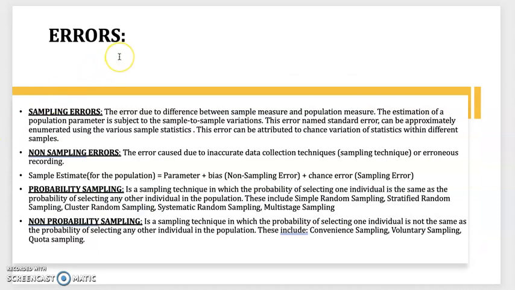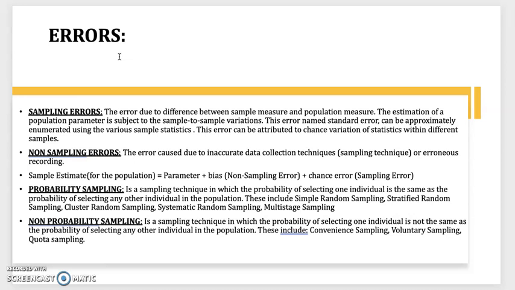Here we also talk about some errors that can possibly happen. The first is the sampling error. This error is due to the difference between the sample measure and the population measure. The estimation of the population parameter is subject to sample-to-sample variation.